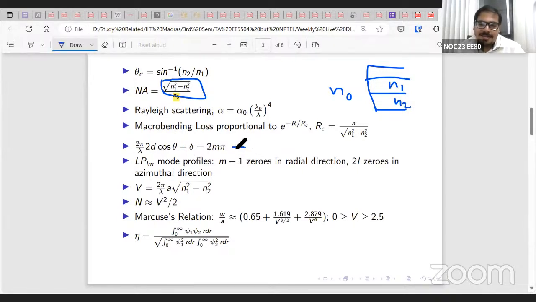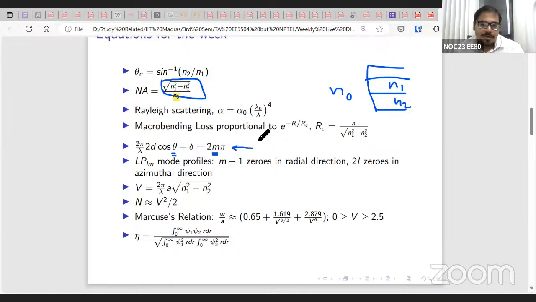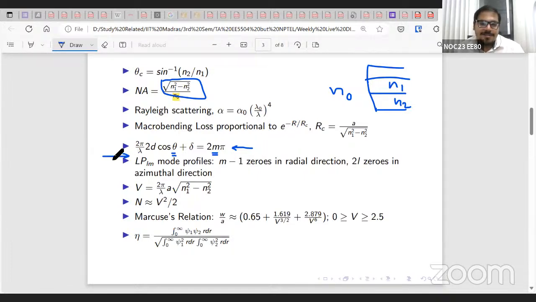Then this equation came from the ray picture, how we first introduced the concept of modes, how there could be a discrete number of these theta angles for which the rays are supported. Then here is a big skip of 5 videos. And after solving those Maxwell's equations, we ultimately ended with how the mode profiles look.